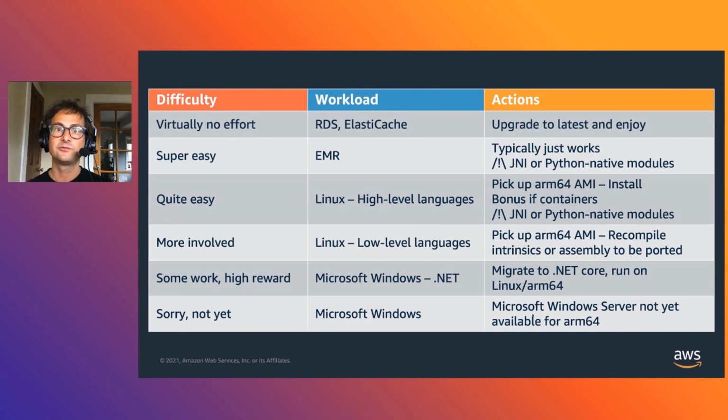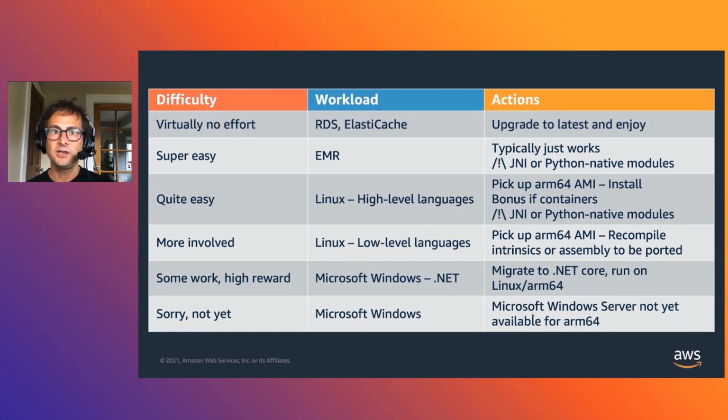Another type of workload that people are sometimes forgetting about would be the Microsoft Windows .NET workload. We have a wonderful framework helping you to migrate from Microsoft Windows .NET to Linux .NET Core.